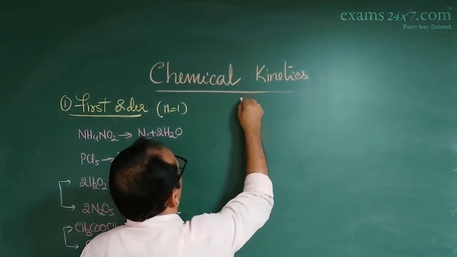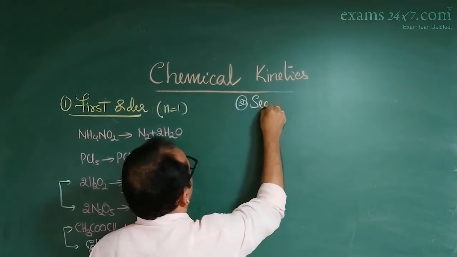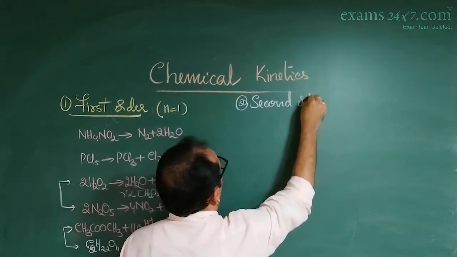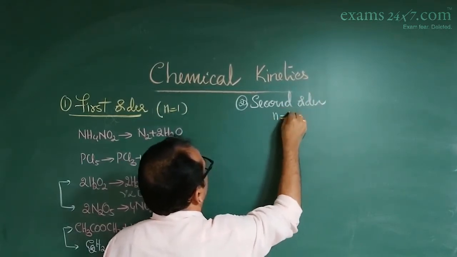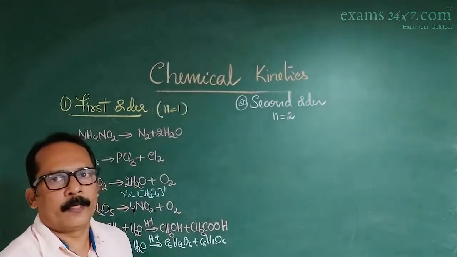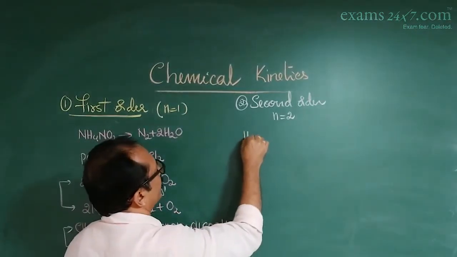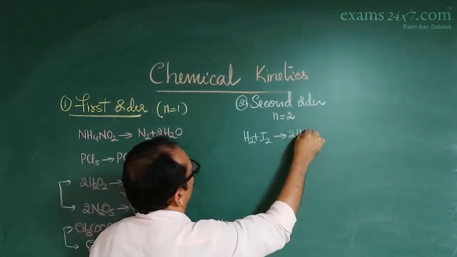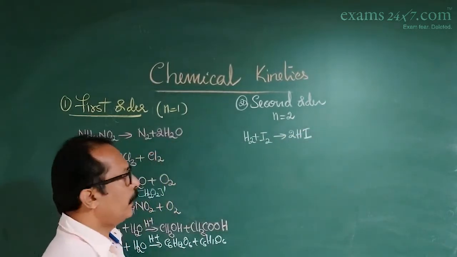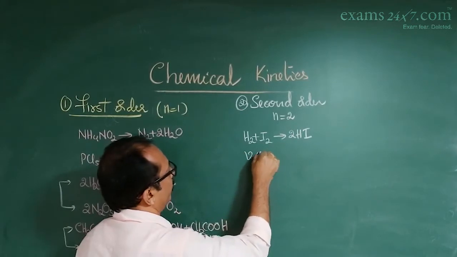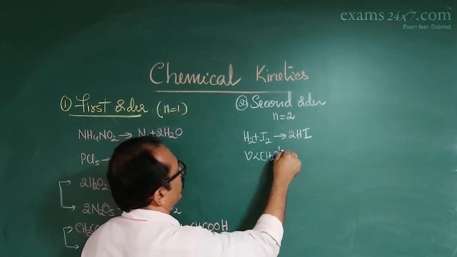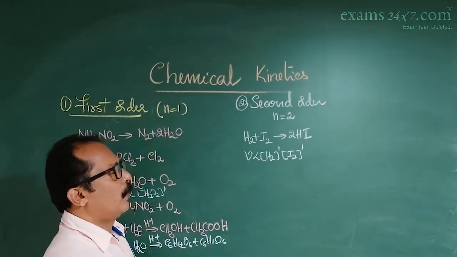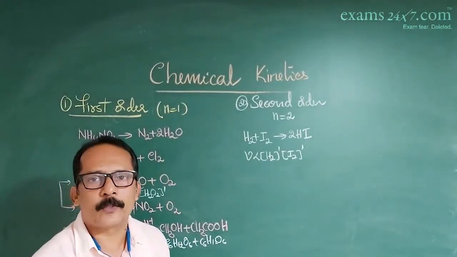Next, the second order reaction, where the order is 2. An example for a second order reaction: H2 plus I2 gives 2HI. The rate law for this reaction is first order with respect to hydrogen and first order with respect to iodine, so the overall order of the reaction is 2.